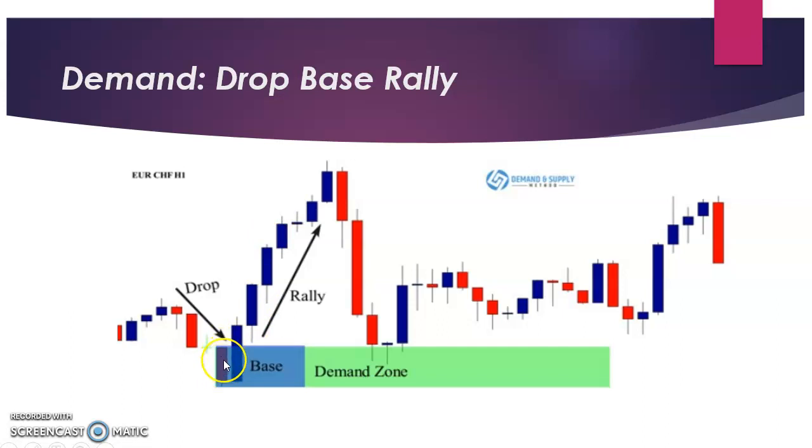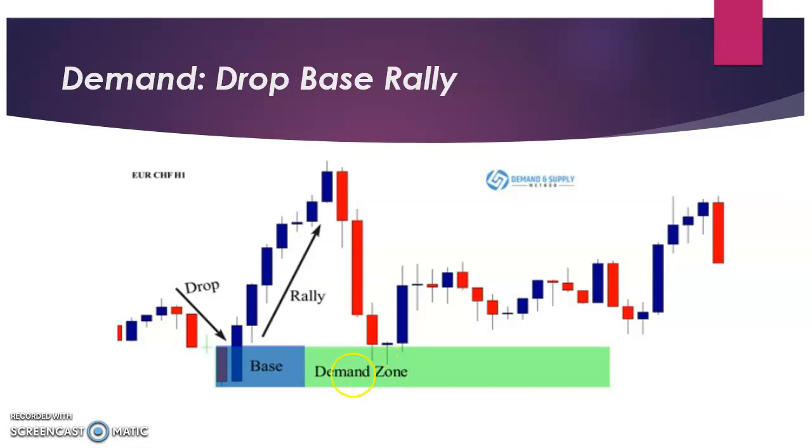The last bearish candle is our POI, our point of interest. We can also say it's our base. So we marked that out and we simply waited for price to pull into that particular place.